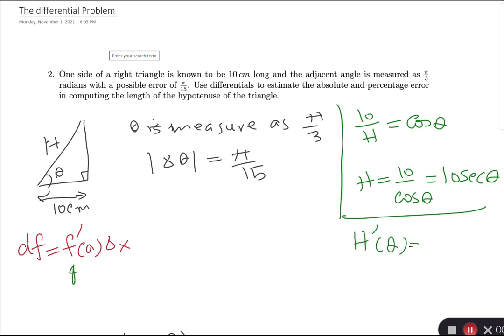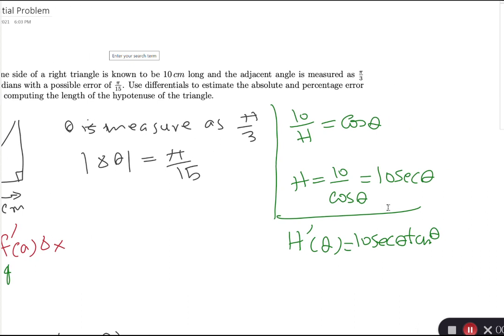So h prime of theta is going to be 10 times the derivative of secant theta, which is secant theta tangent theta. So h prime of theta is 10 secant theta tangent theta. And the next step is, now that I have h and h prime, I have to find a value to plug in.